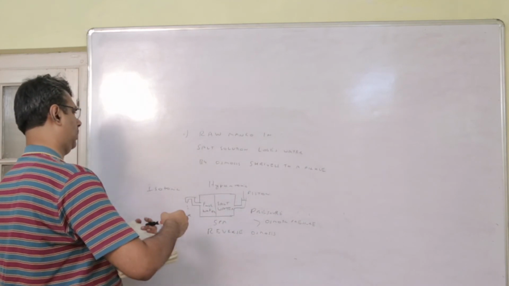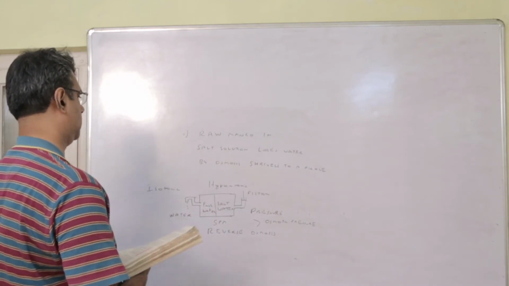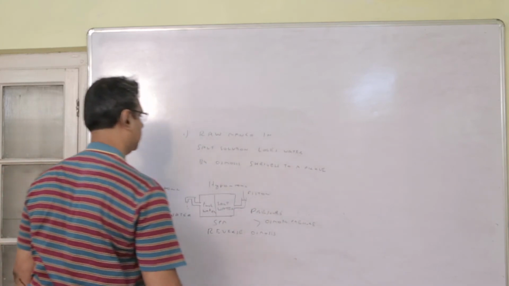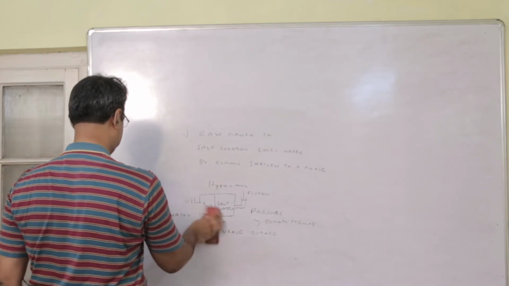So when raw mango is placed in a salt solution, it loses water by osmosis, and due to that it shrivels and becomes a pickle.